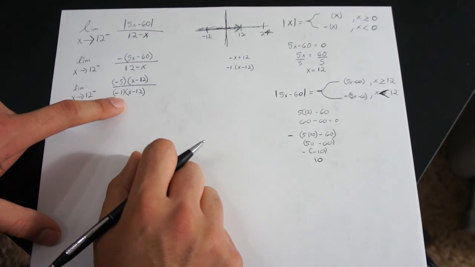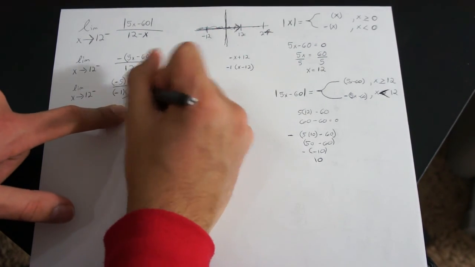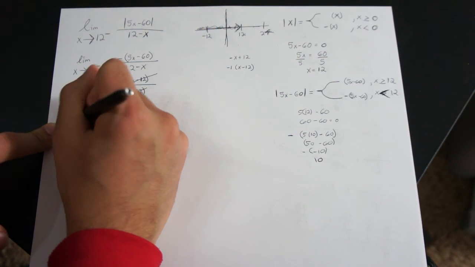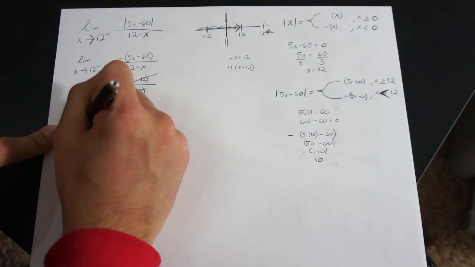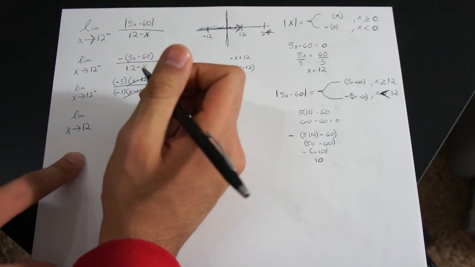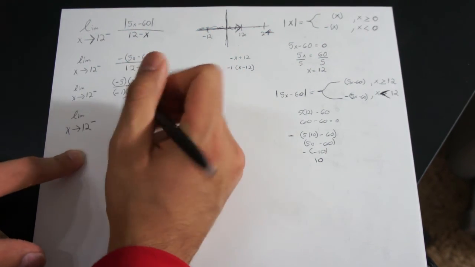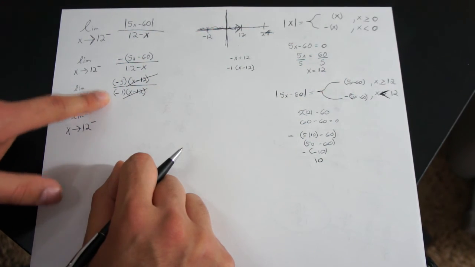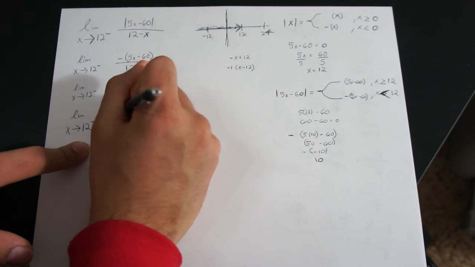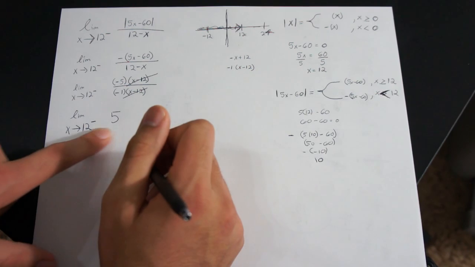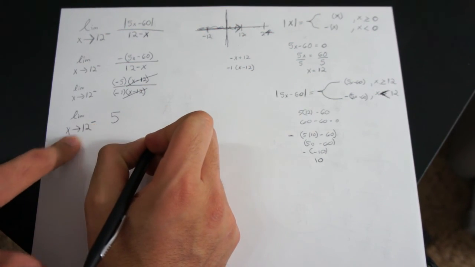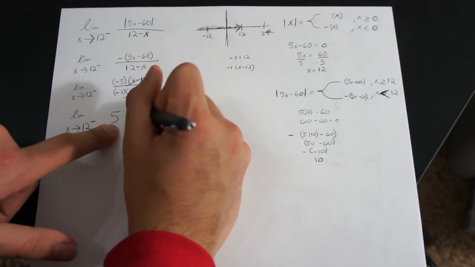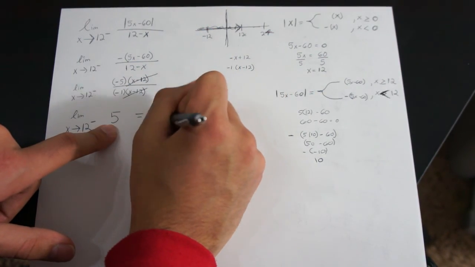Now if you're looking at this, you notice already this cancels with that, and we're left with the limit as x approaches 12 from the left, and right here we have negative 5 over negative 1. That's 5, and we just have the limit of a constant, which is a number, and that's just going to equal 5.